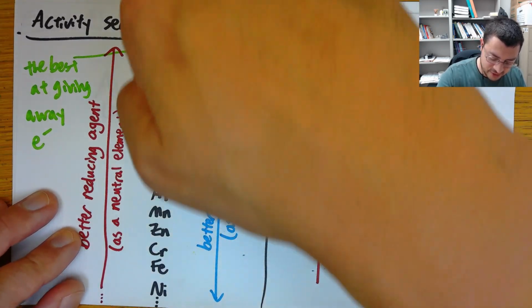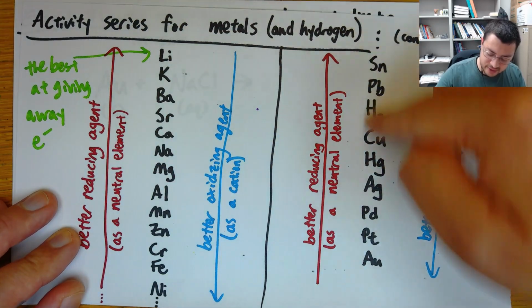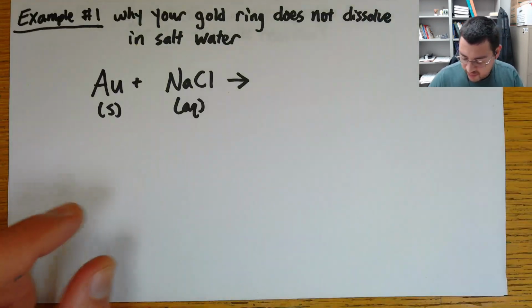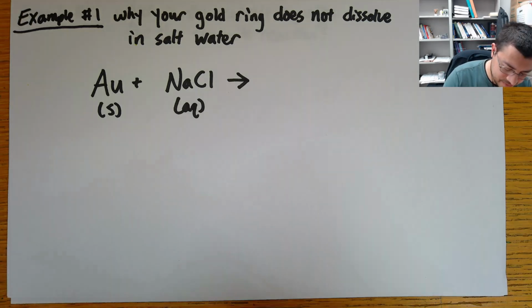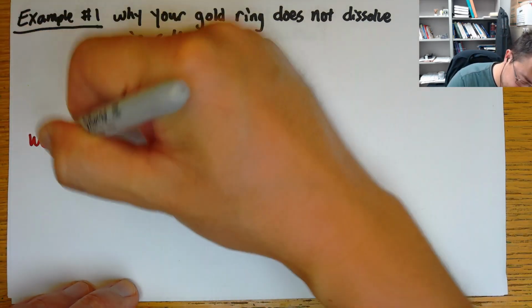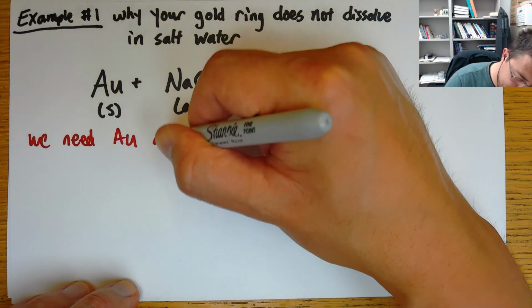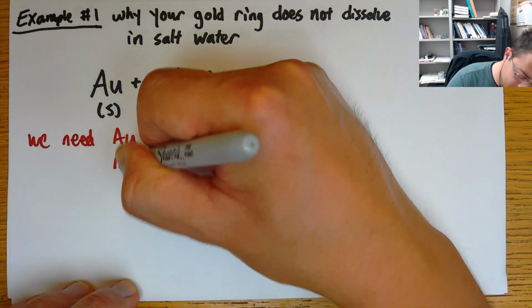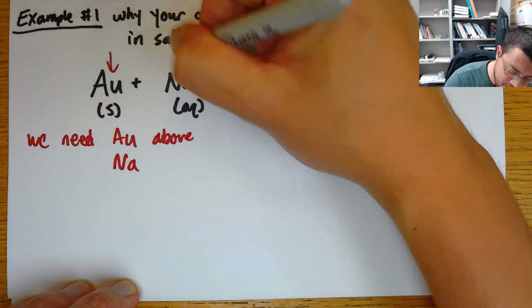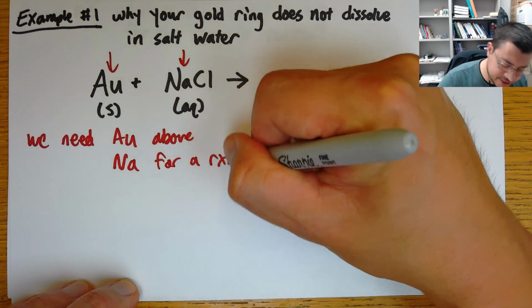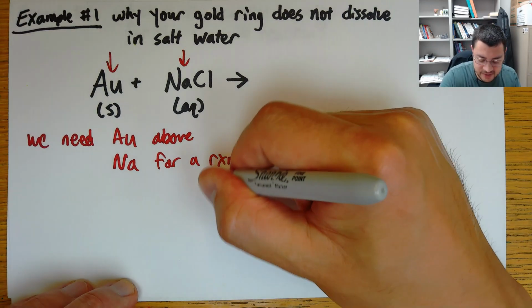I ran out of space, so our figure goes like that. So sodium is above, not the other way around. We need Au above Na, the first one above the second one, for a reaction. RxN is shorthand for reaction.